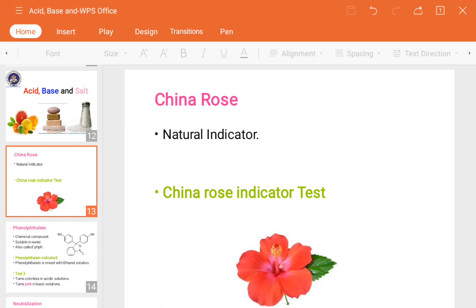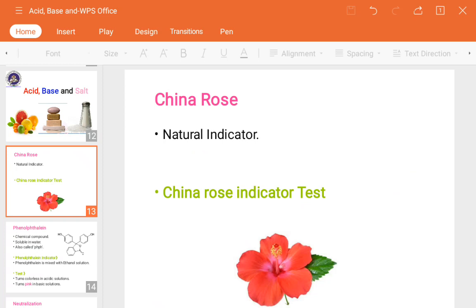Now this is a simple procedure for preparing the China rose indicator. Suppose you have a solution and you want to find out whether it is acidic or basic. What color change will occur with the natural indicator China rose? If it turns dark pink, it indicates that the solution is acidic.